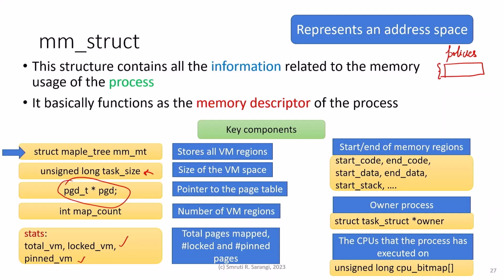So that is why we have number of locked pages, number of pinned pages. And then some important memory regions, namely the code section, data section, stack section, their starting and ending virtual addresses are stored. So if this is the code section, then this part is stored.